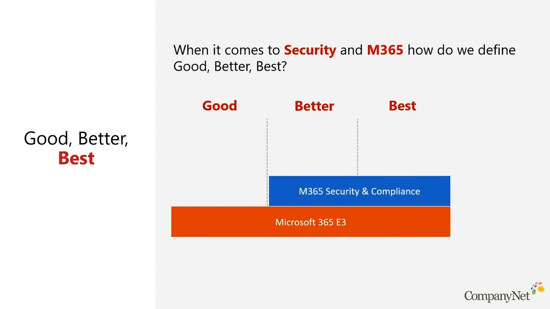So, either the Microsoft 365 security product itself, or Microsoft 365 compliance standalone bolt-on. And what this does is it brings the E5 capabilities of M365 security and M365 compliance and allows you to use them.